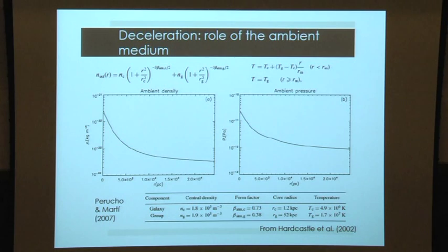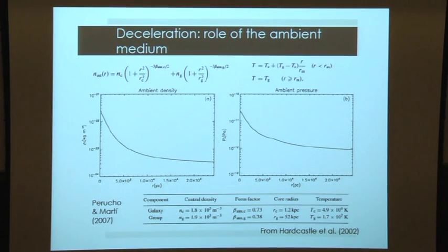So the first simulation we tried to do to understand the deceleration processes in FR1s was inspired by a paper by Laing and Bridle in 2002, and we took the parameters of the modeling for the galactic medium by Hardcastle et al. in 3C31. This is the density with distance, and this is the pressure with distance of this ambient.